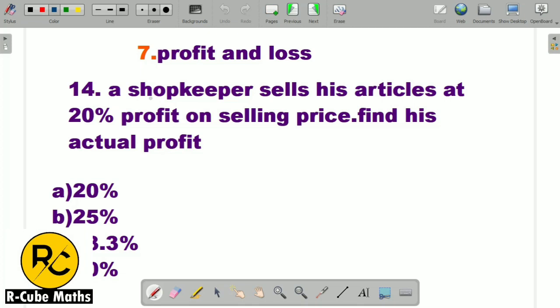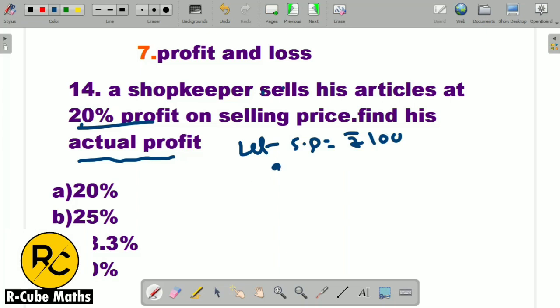Profit and loss. So here a shopkeeper sells his articles at 20% profit on selling price. Find his actual profit. Let the selling price be 100 rupees.